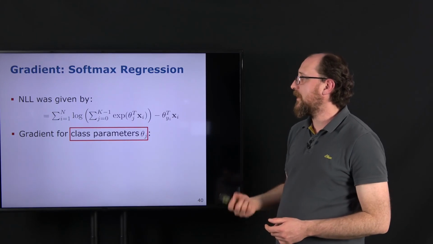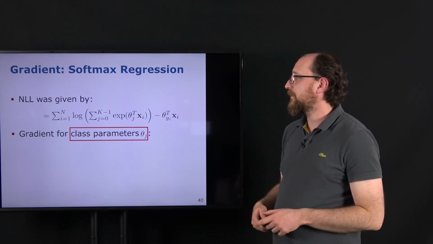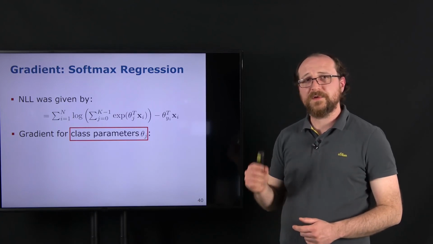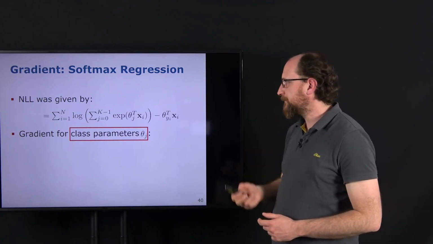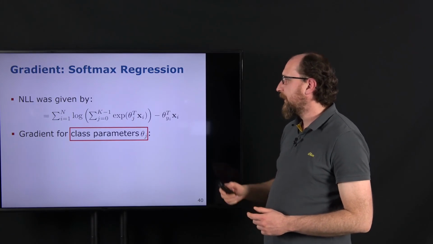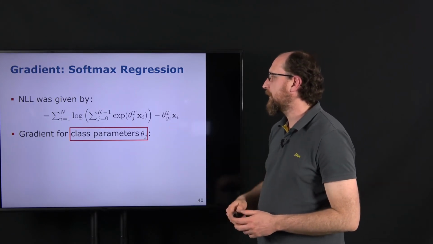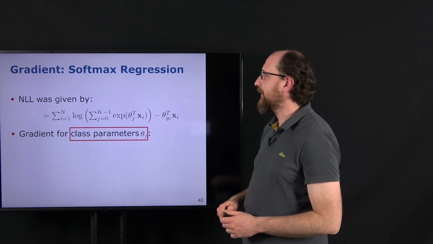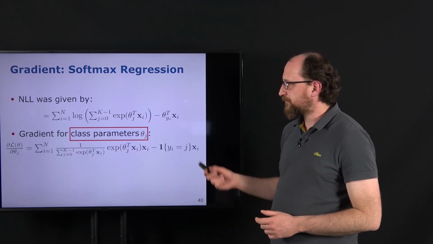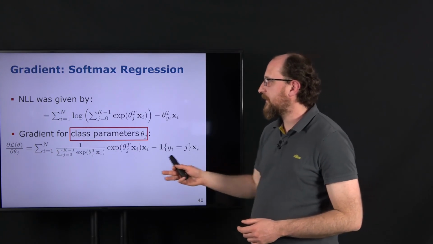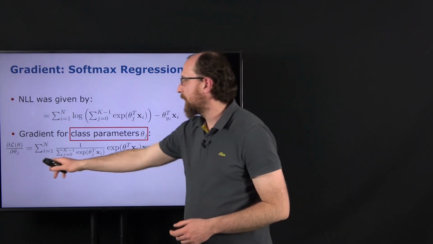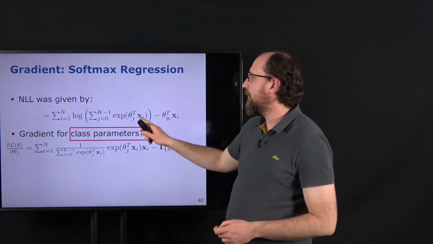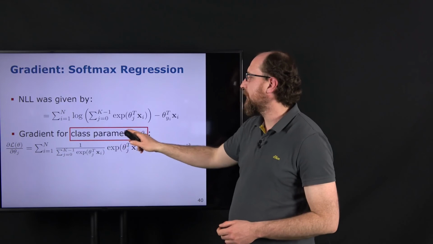When we now want to derive the gradients, we derive them basically for only a single class again, because it's a little bit simpler. We have here the negative log likelihood again, and we derive it with respect to theta j. That means we have to make the derivative of this.